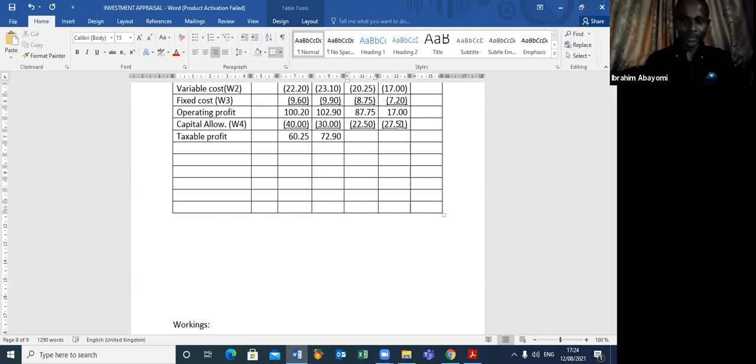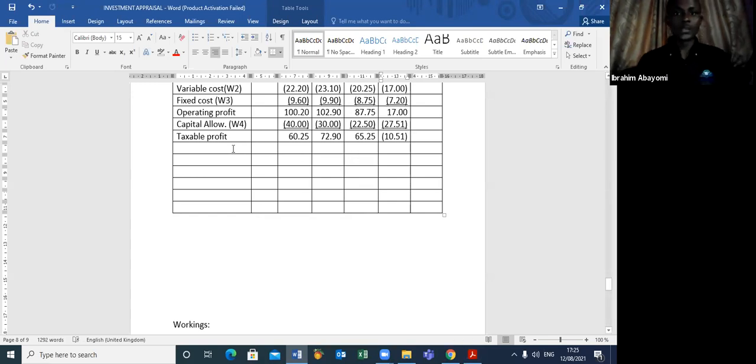And here is going to be 87.75 minus 22.5. That is 65.25. We have 72 minus 27.51, which is negative 10.51.